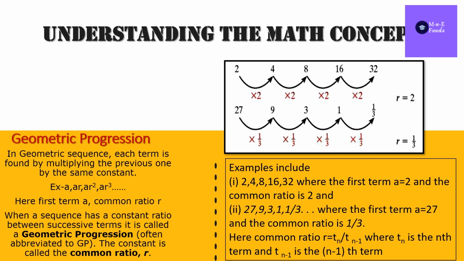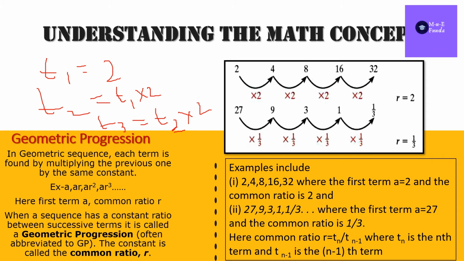So first term here is 2, second term is term 1 multiplied by 2. Third term is second term multiplied by 2, like this.